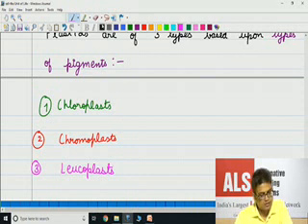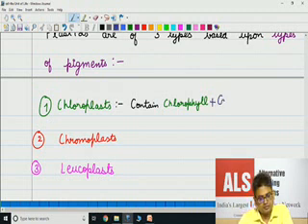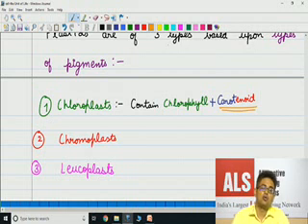So, what do chloroplasts contain? Chlorophyll and carotenoid pigments, because carotenoids are yellow, orange, they include carotenes, xanthophylls, so many things.